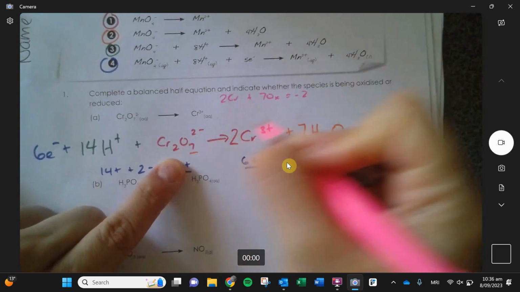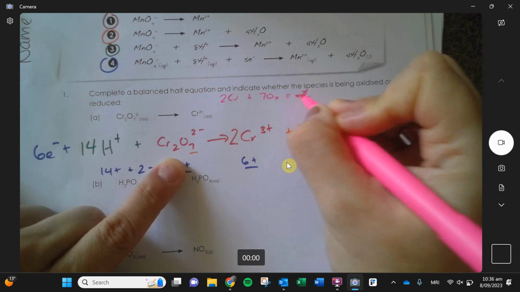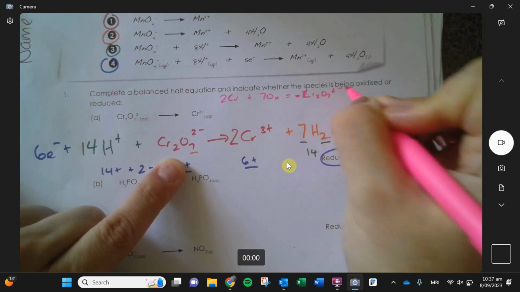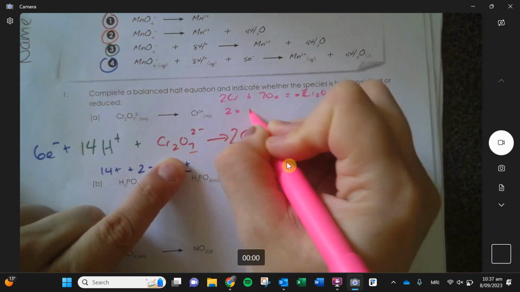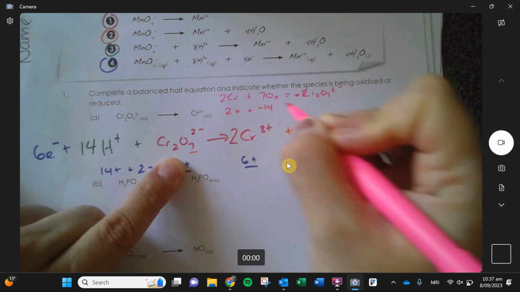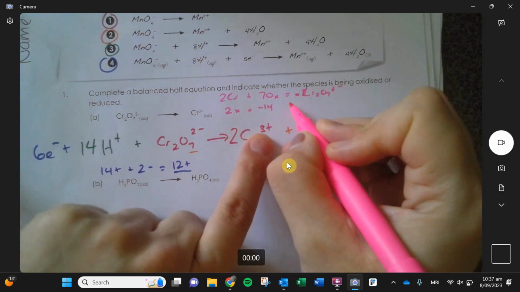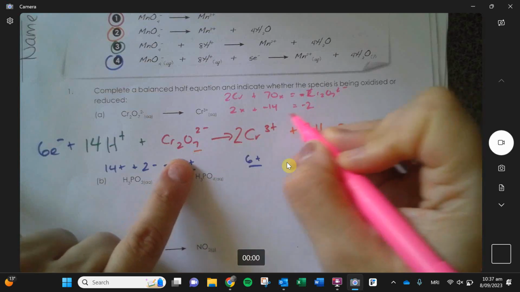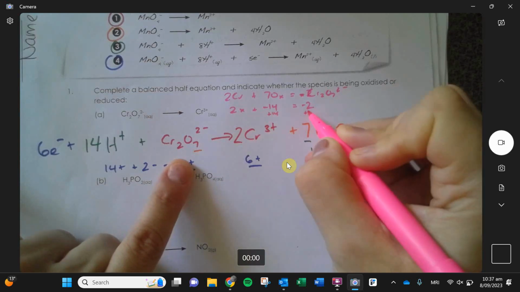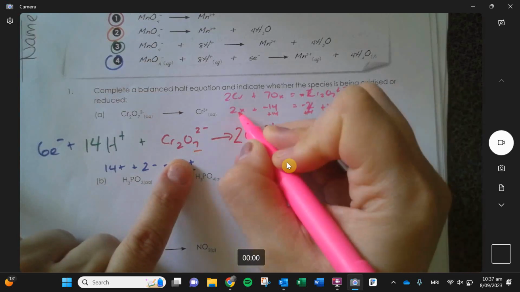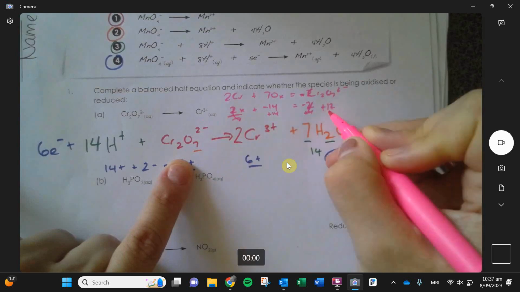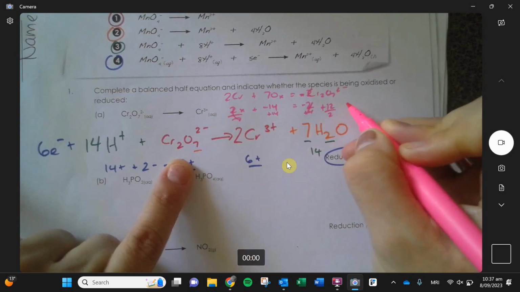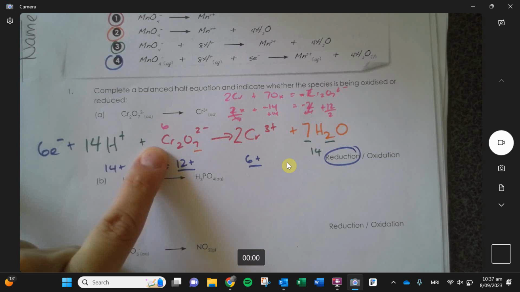The chromium ion, Cr2O7 2 minus, would be 2x plus negative 14, because 7 times negative 2 equals negative 14. And then I add 14 to each side. That's 12. Now I divide by 2, so I get the chromium is 6 over here.